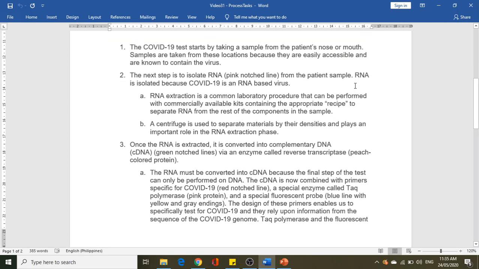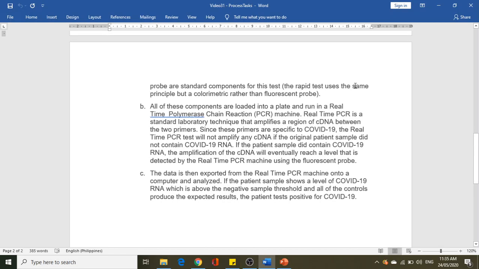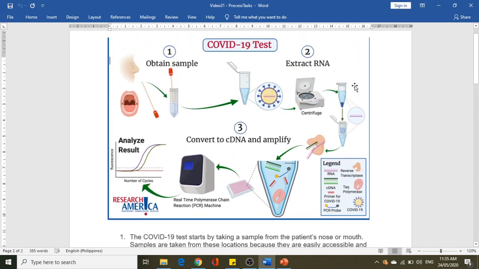So that's the first part of the description, and then that's the final part of the description. All right, so that ends the very long discussion on the passive voice and the task 1 on process tasks.